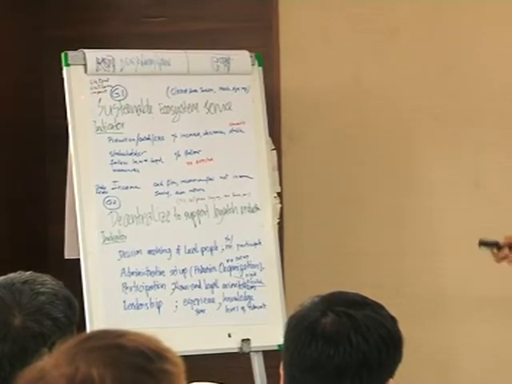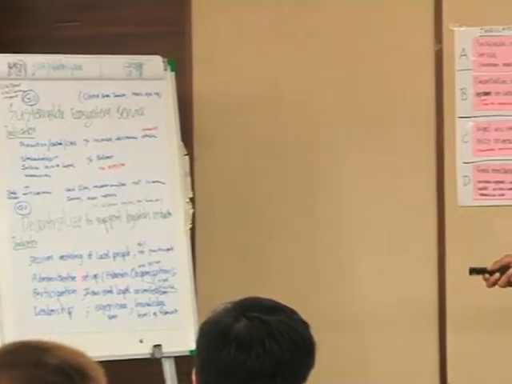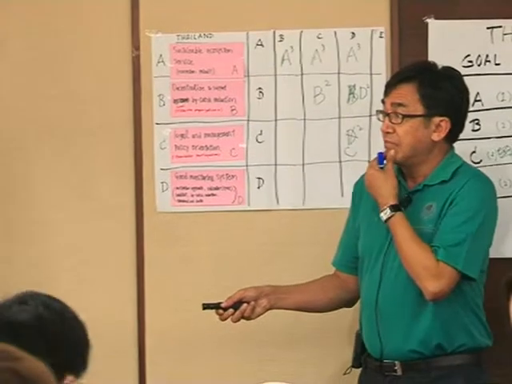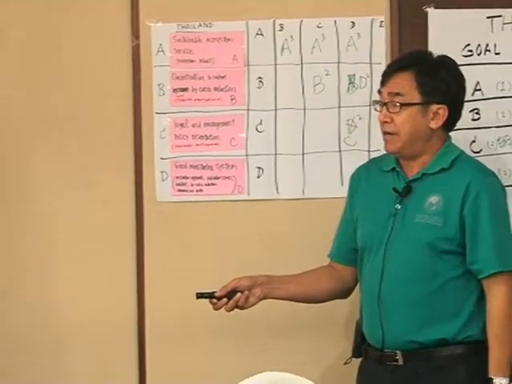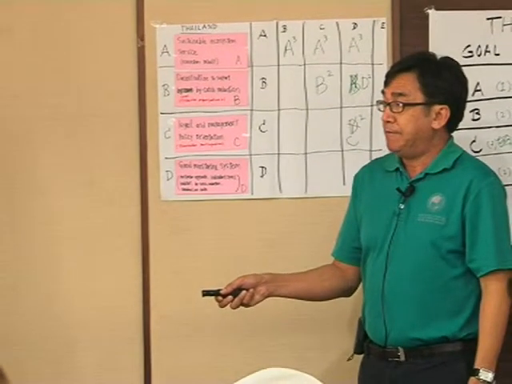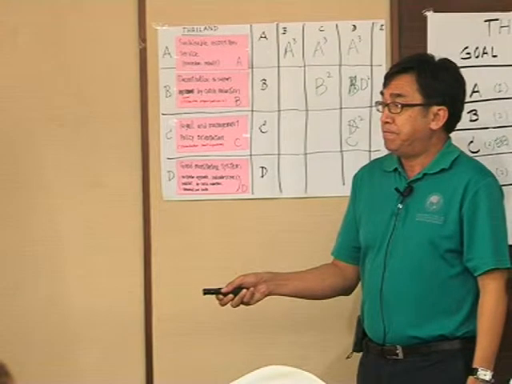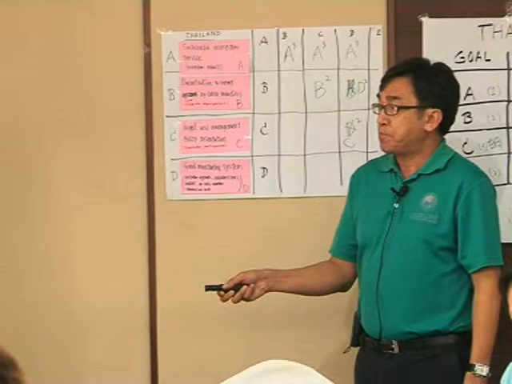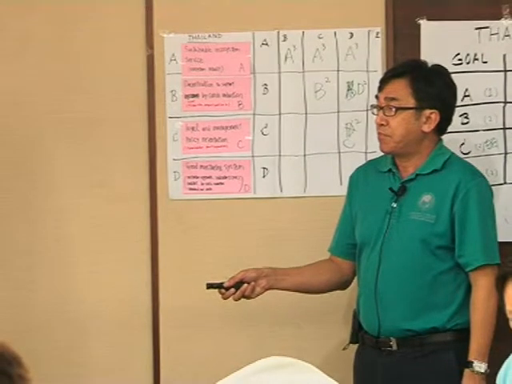Because it's almost the same. Now looking at the soft indicators. Leadership is one of the objects that we can use for determining how strong the decentralization system is.